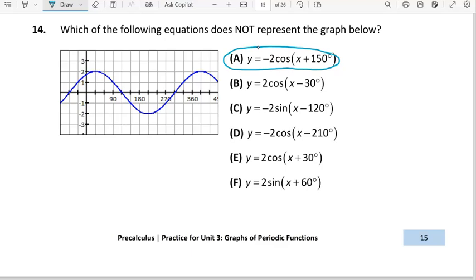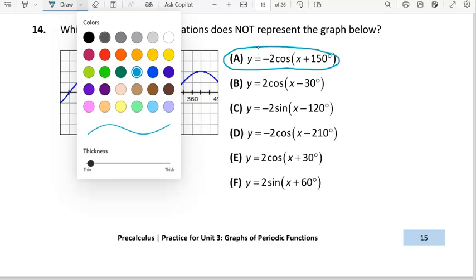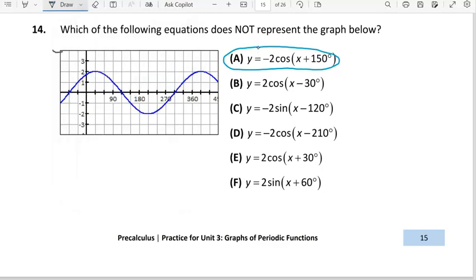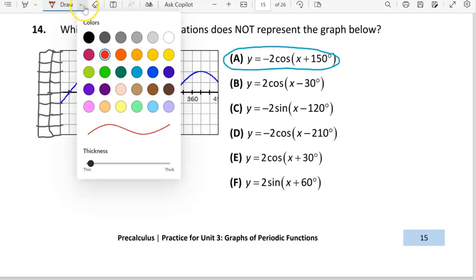So let's take a look at that and let's see if we can extend our graph a little bit backwards here. So I'm going to draw in some extra boxes here, and we probably need a couple. Each of those are 30-degree increments.